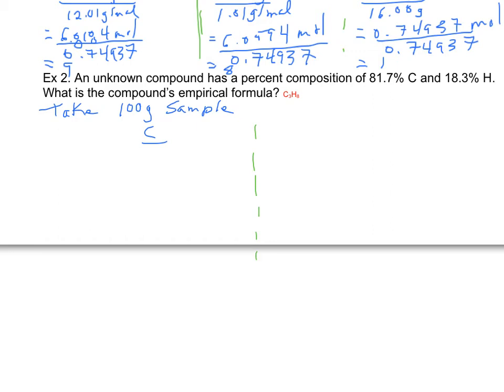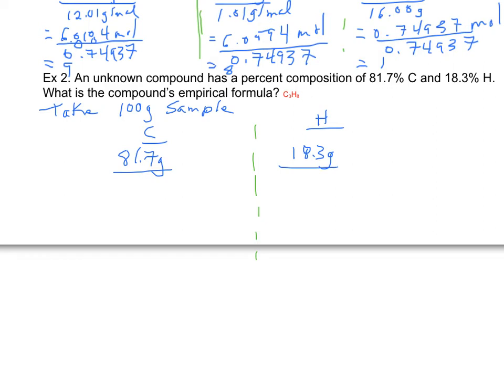This compound just contains carbon and hydrogen. In a 100-gram sample that's 81.7% carbon, I'm going to have 81.7 grams of carbon and 18.3 grams of hydrogen.